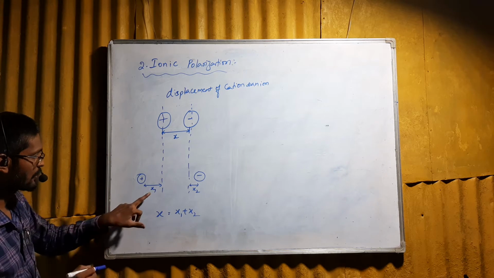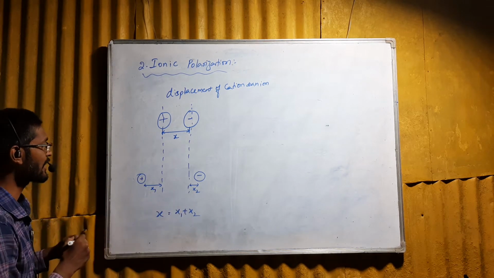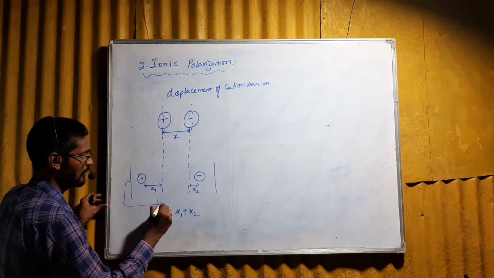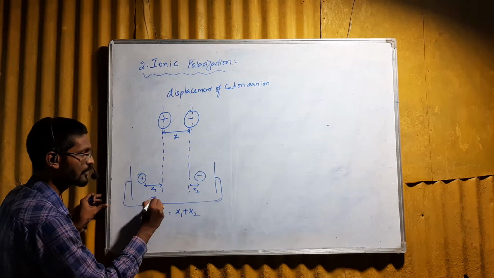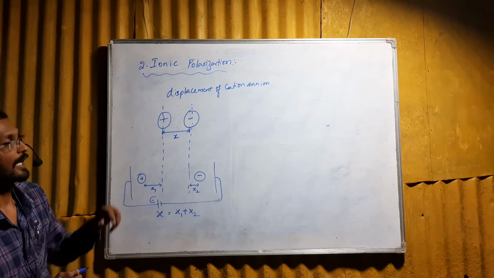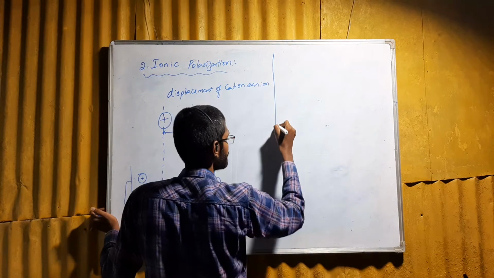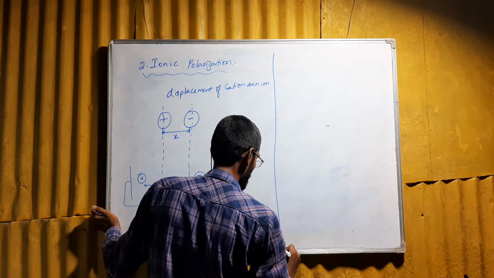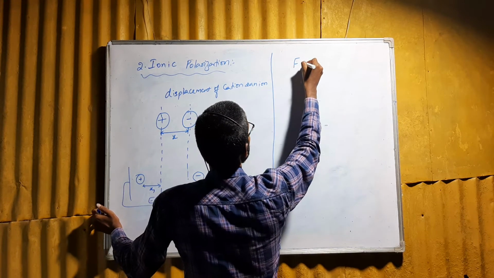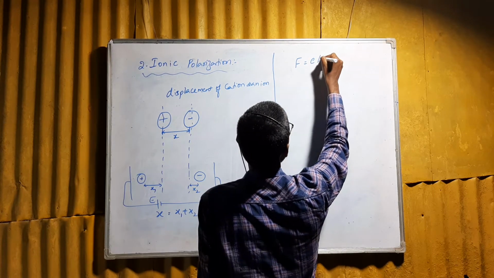So due to application of electric field, there is a displacement produced in the anion and cation. This displacement is called ionic polarization. So we know that the Lorentz force acting on these charges can be given as F is equal to e into capital E.